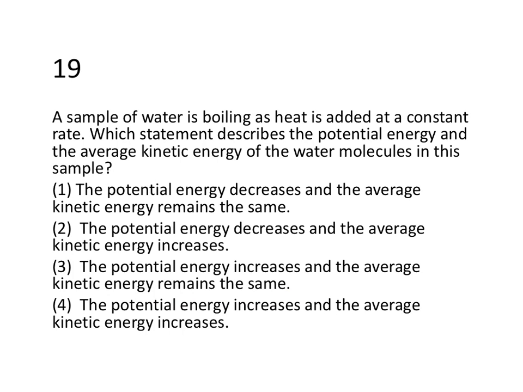A sample of water is boiling as heat is added at a constant rate. Which statement describes the potential energy and the average kinetic energy of the water molecules in the sample? In the diagram, we can see that the boiling point is occurring right here. At that point, temperature is constant.